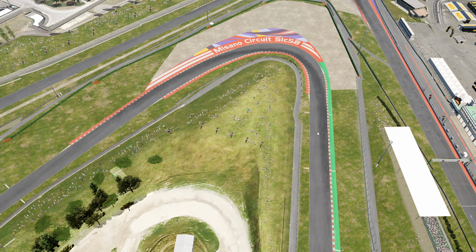And the problem with always sticking with that mindset of I have to make my time on corner entry is, for an average person, you will never learn just how good you have to be on trail braking.